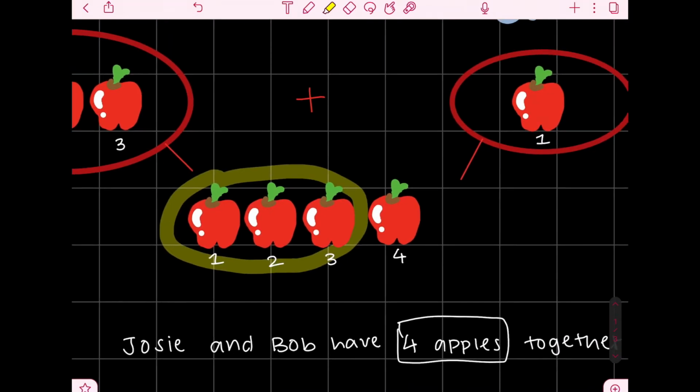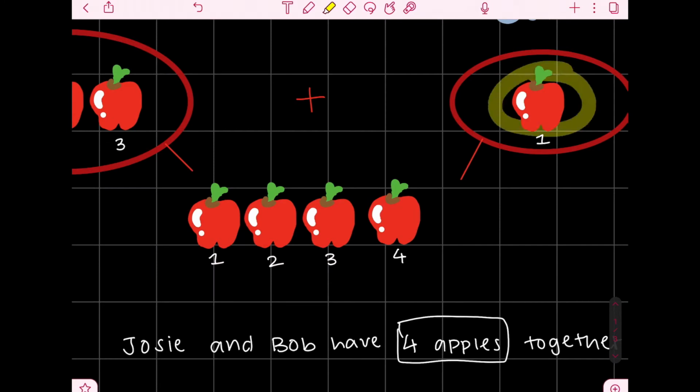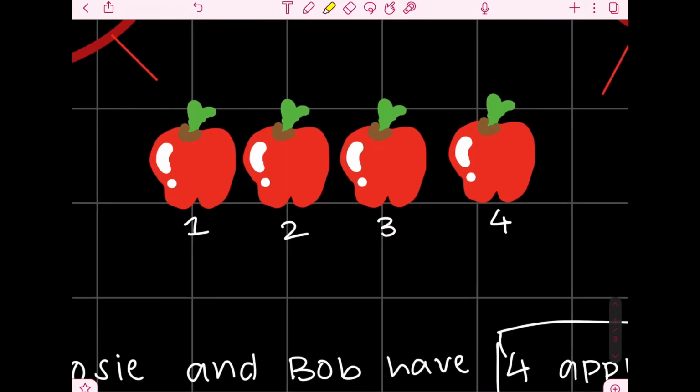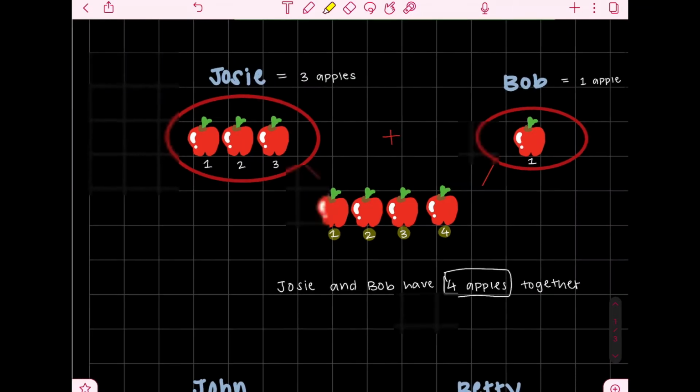And then we brought Bob's 1 apple that was over here and combined it to Josie's 3 apples. And then we numbered off the apples to find out how many they have together. And we found that there was 1, 2, 3, and 4 apples that they have together.